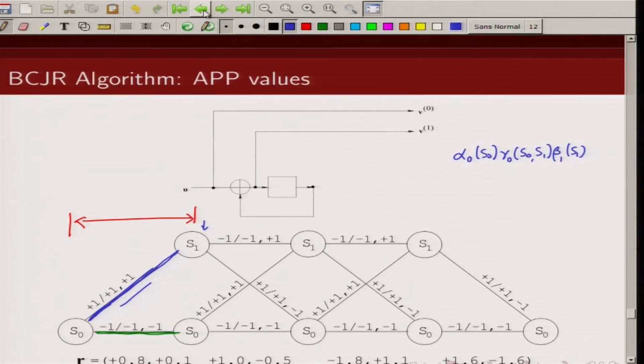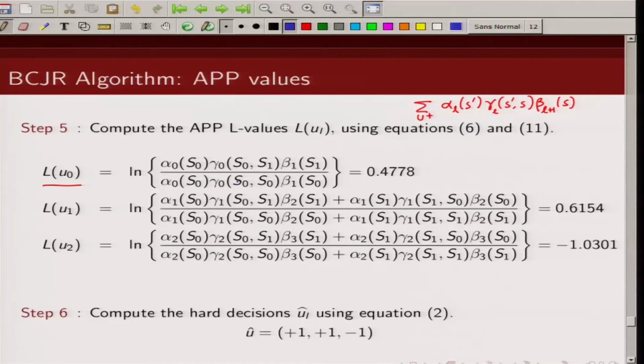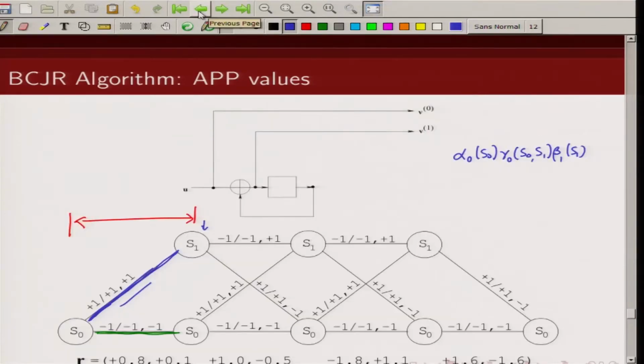So, we will now look at the denominator term. We have to look for all those transitions corresponding to u being minus 1, and there is only one such transition. So, the denominator term would be alpha 0 s 0, gamma 0 s 0 s 0, and beta 1 s 0.